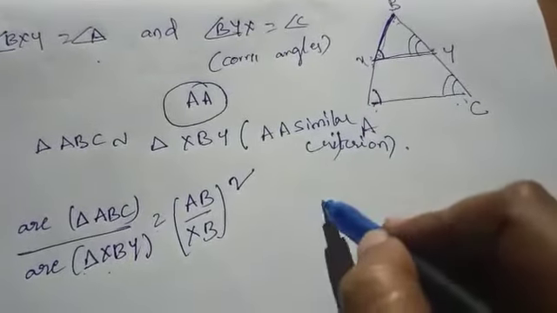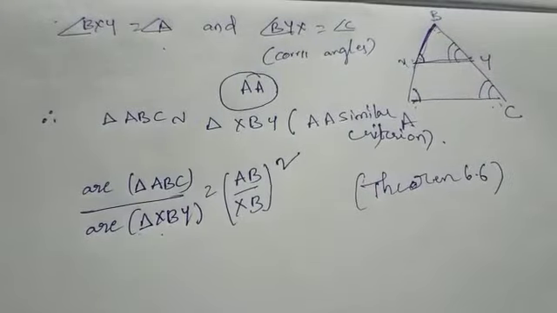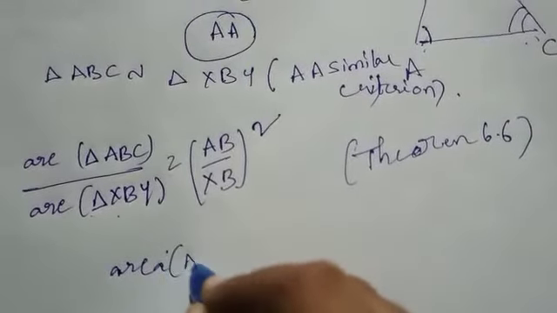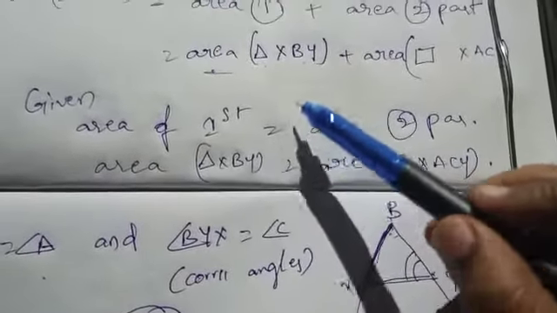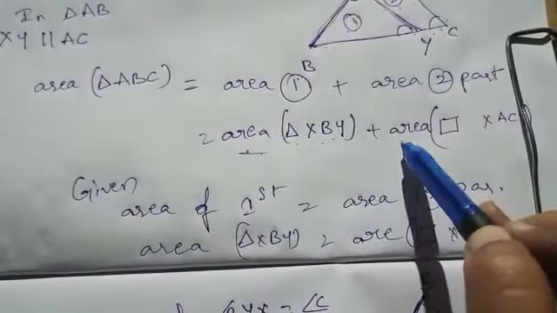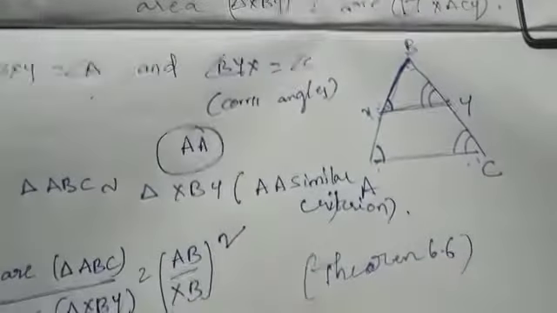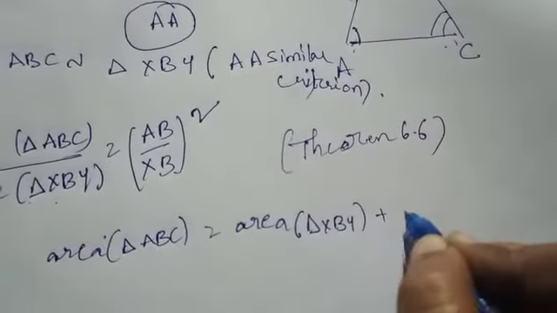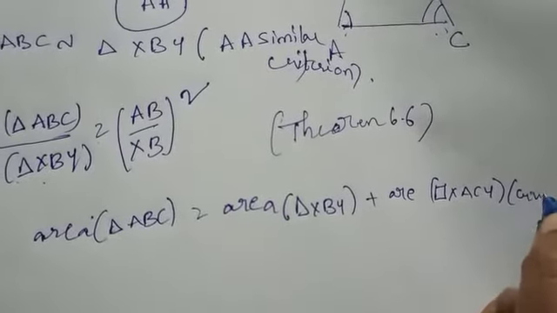AB by XB whole square. Okay. According to theorem 6.6, we know area of triangle ABC equals area of triangle XBY plus area of quadrilateral XACY. Okay. Here this is given.